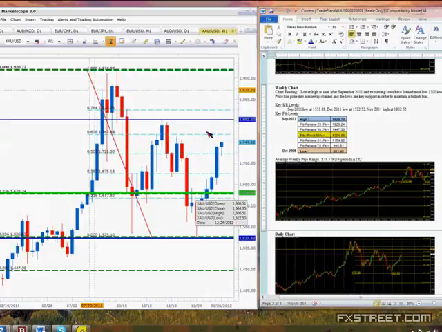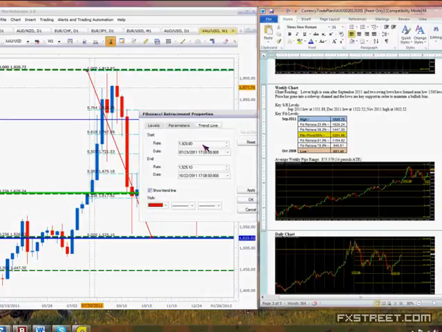So I would complete that fib. 1920.72, and what's the low here? 1525.10. 1525, it's already there.